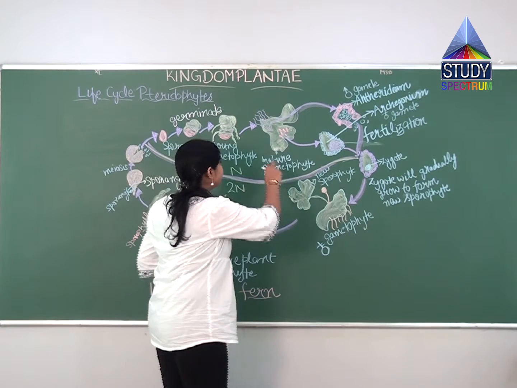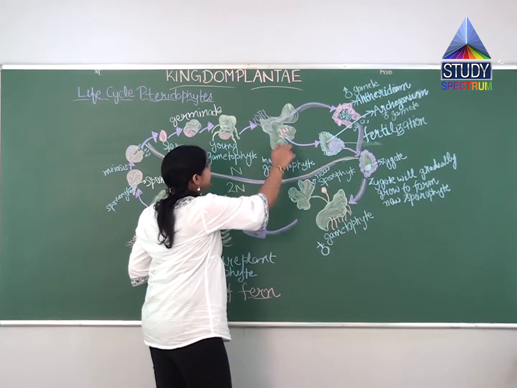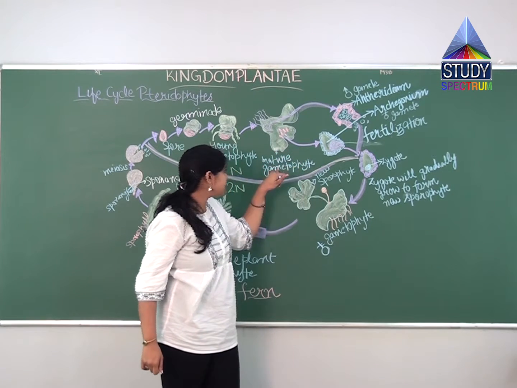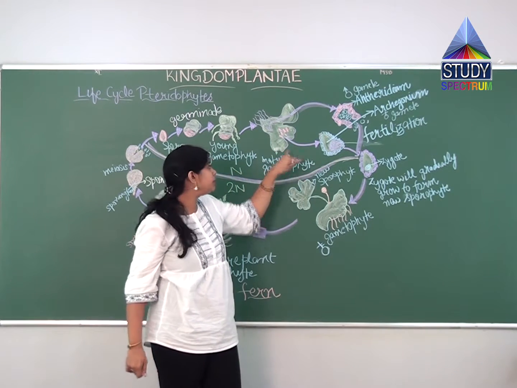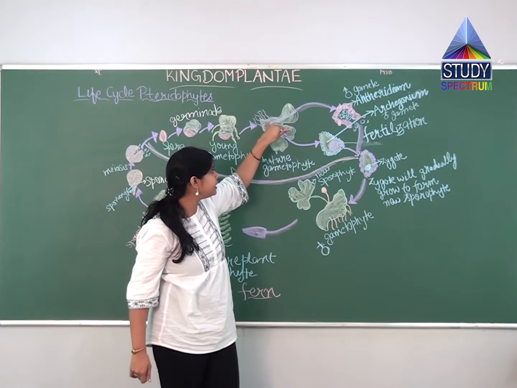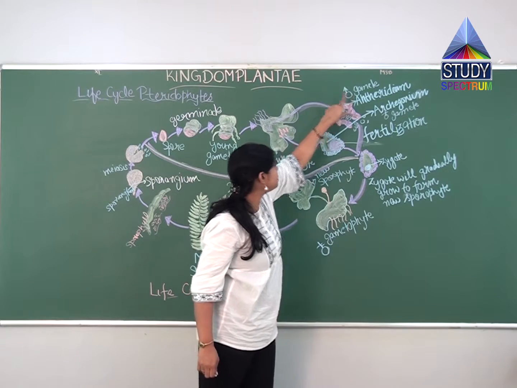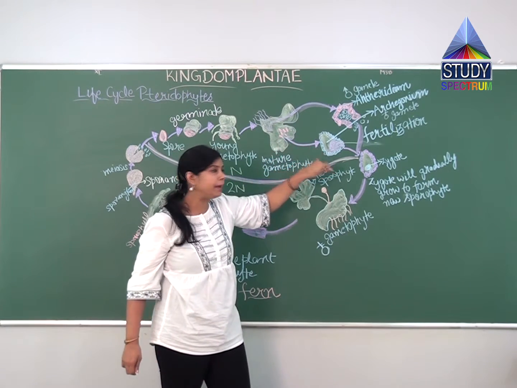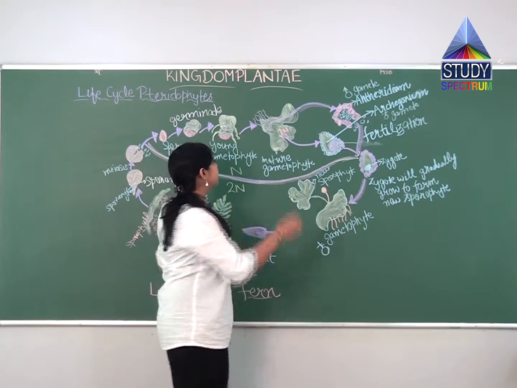Students, if you see this mature gametophyte, it looks heart shaped. In pteridophytes, the mature gametophyte stage is heart shaped and includes the antheridium, the male structure, and the archegonium, the female structure.